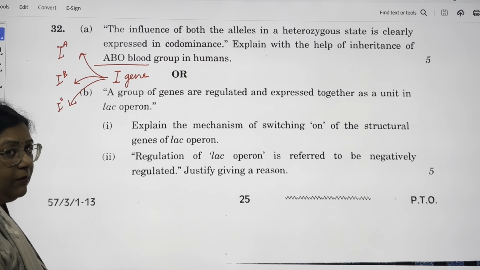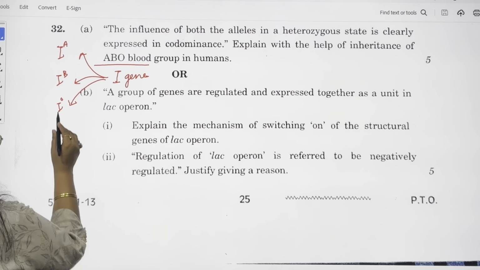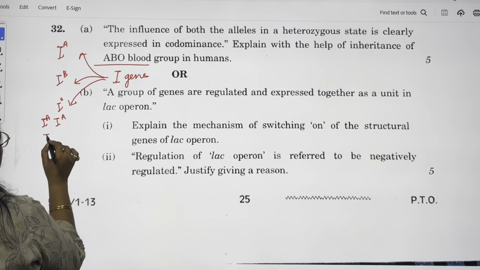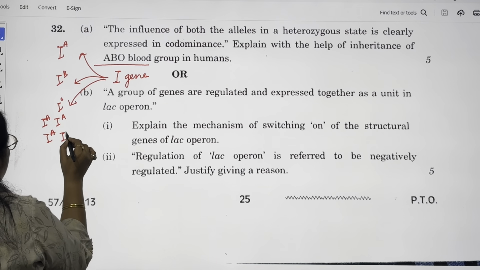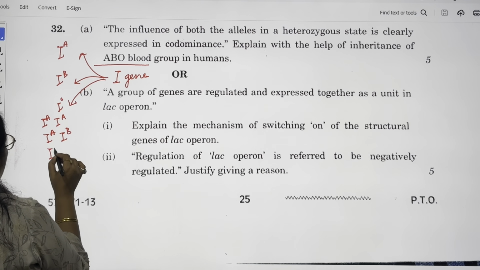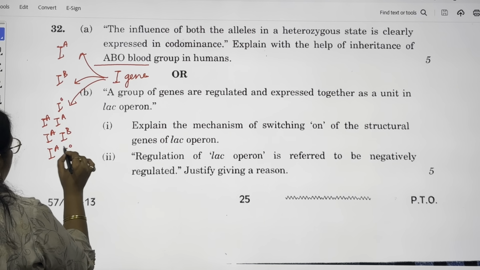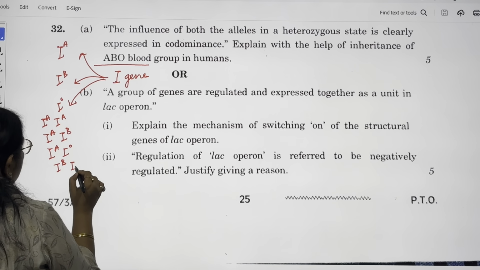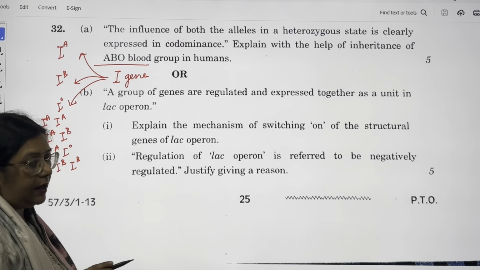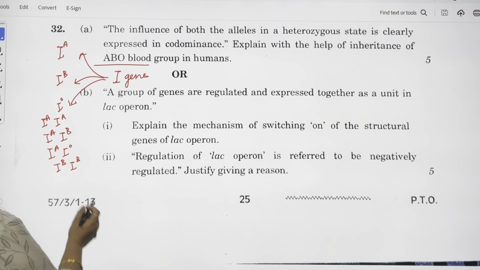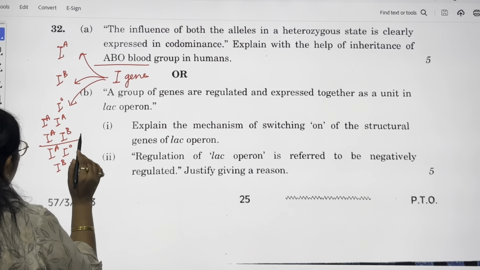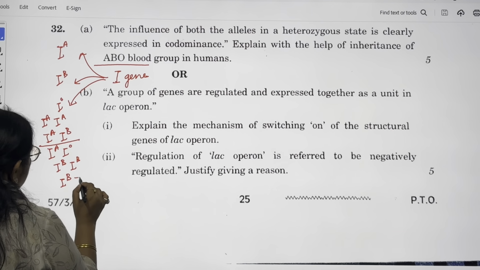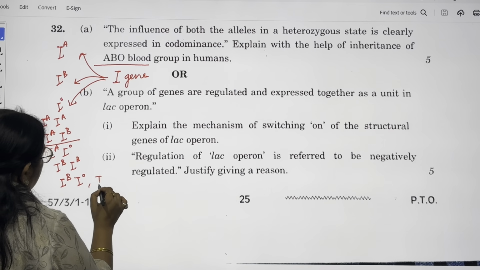And when we make different combinations, we will find IA IA homozygous condition, IA IB heterozygous condition, IA I naught again heterozygous condition, IB IB homozygous condition, IB IA that we have already written here, and IB I naught, and the last one is I naught I naught.